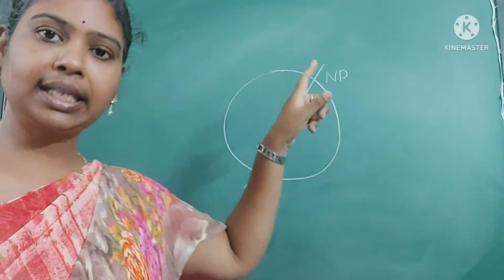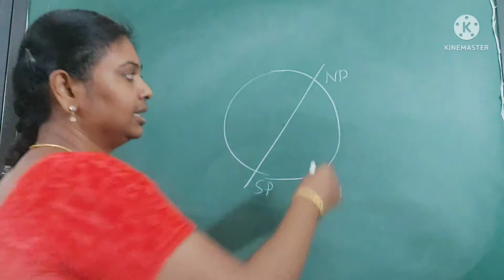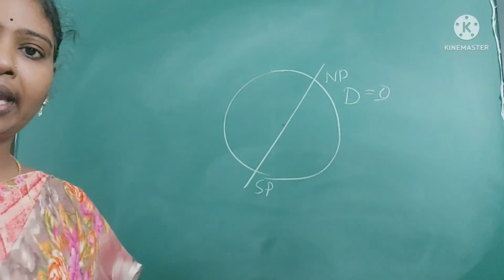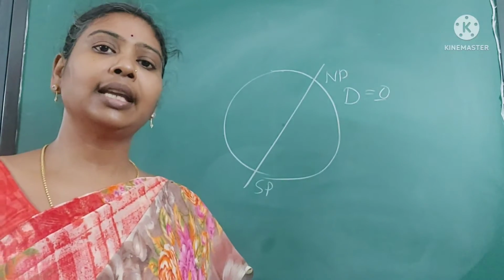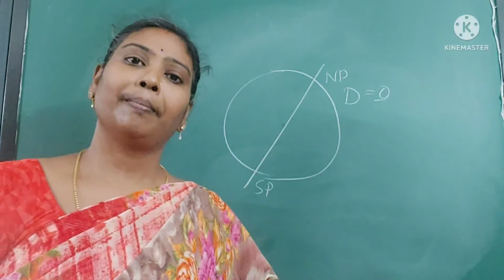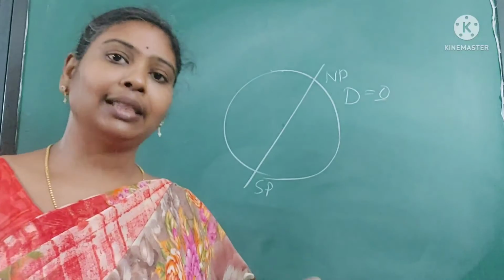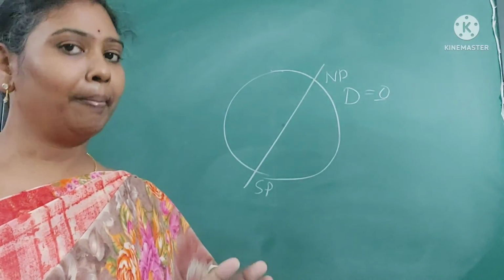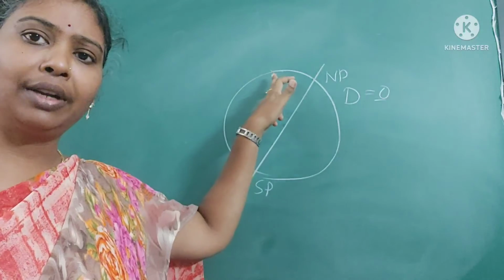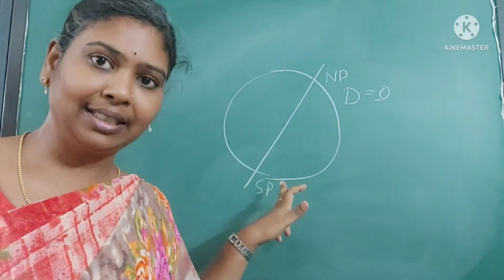The reason is that the distance at the poles is 0. That is why the speed of rotation is 0, and at the equator the speed is maximum because the distance is also maximum, right? So the speed keeps on differing from place to place.